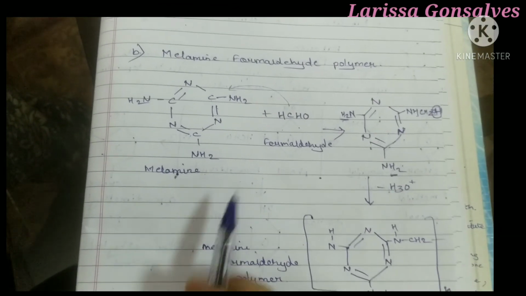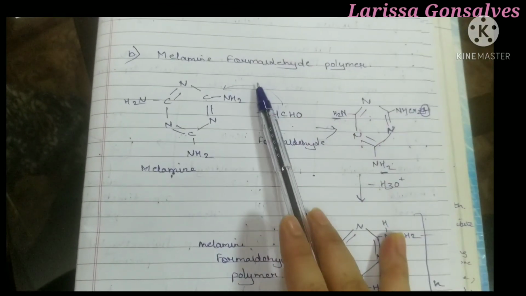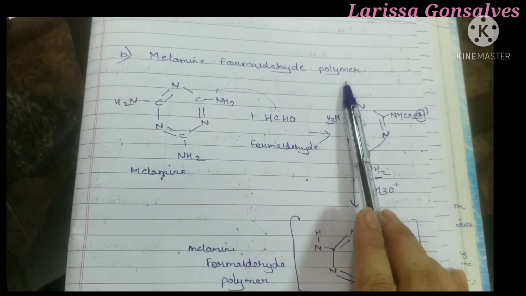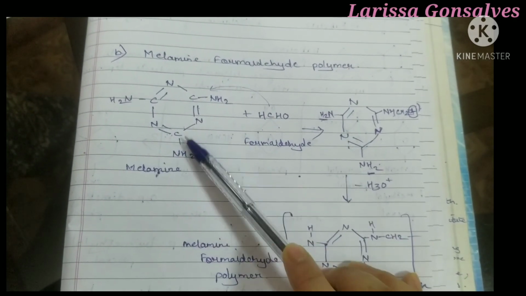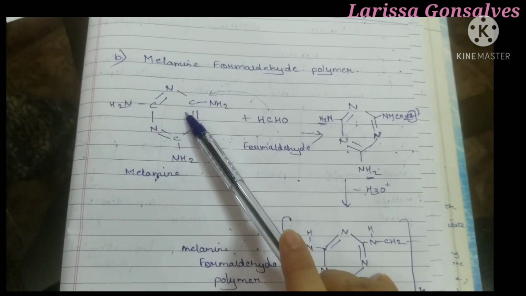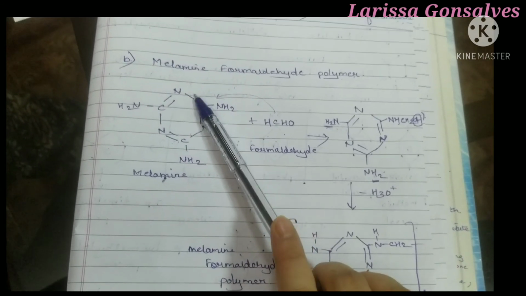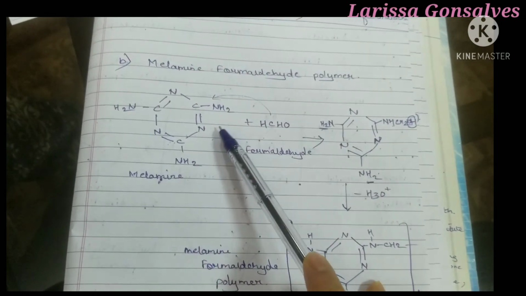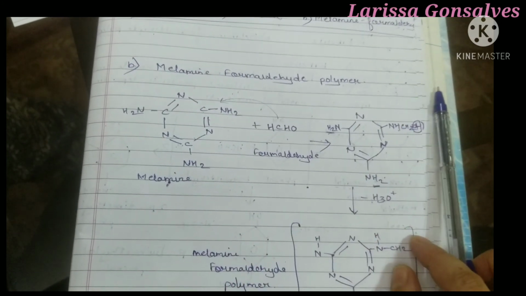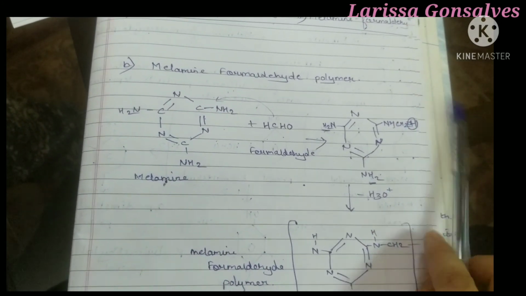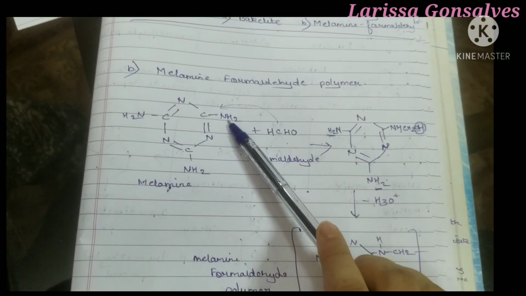Okay, just an explanation for the second one, that is melamine formaldehyde polymer. You are going to take the structure of melamine. I told you how to construct it: nitrogen, carbon, nitrogen, carbon, nitrogen, carbon. So nitrogen and carbon atoms will be alternating. Wherever there is carbon, you are going to write NH2.